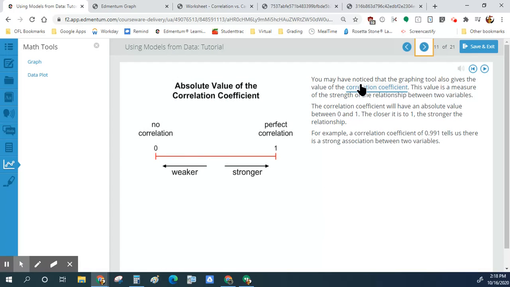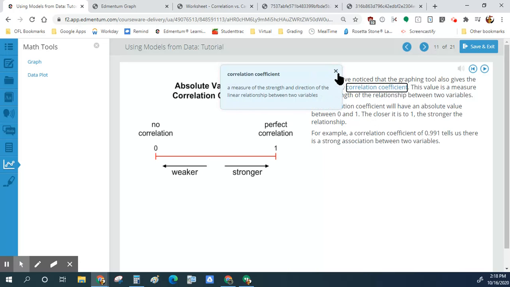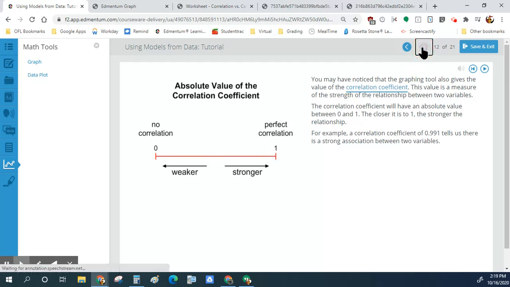So we're going to do the correlation coefficient. Like I said, it's always an absolute value, and the closer it is to 1, the better it is. For example, 0.9991 is really close to 1, so that's a very strong correlation.